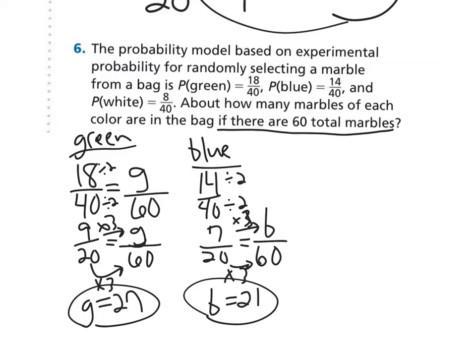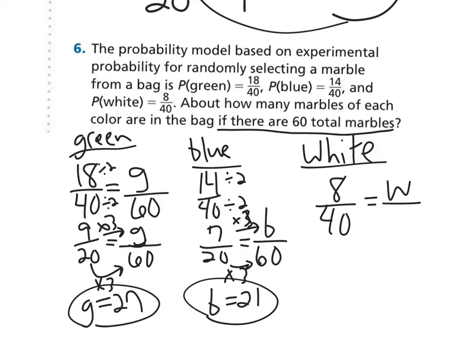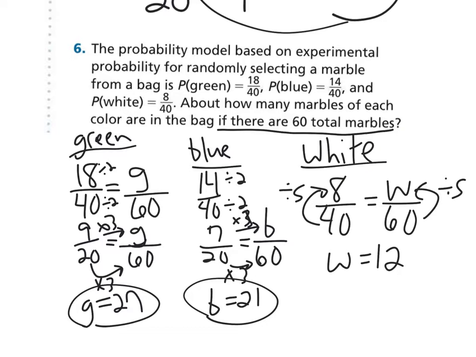And then for the white, it is 8 out of 40. Now for the white, we actually do have a pattern here with the 8 and the 40. Remember, the pattern can be across or up and down. This would be dividing by 5, and so 60 divided by 5 would be 12 white marbles.